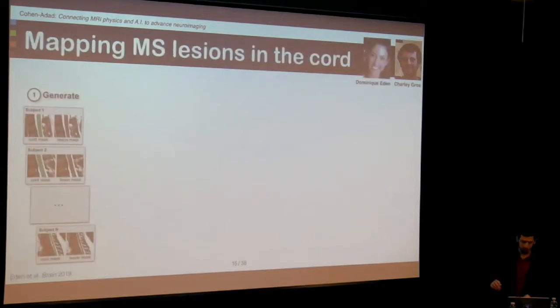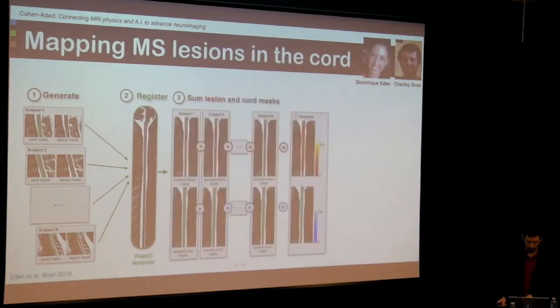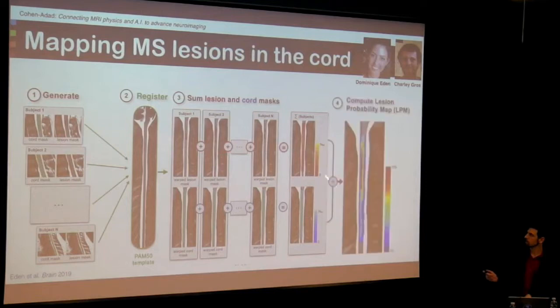So briefly, what did we do with that? We ended up gathering all those lesion masks from all those 600 patients, registering them non-linearly into a template that has been obtained in collaboration with the Polytechnique, Aix-Marseille University, and the MNI at McGill. And then all those lesion masks were summed in order to obtain a so-called probability lesion map.